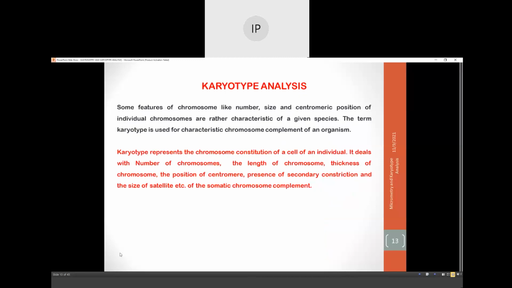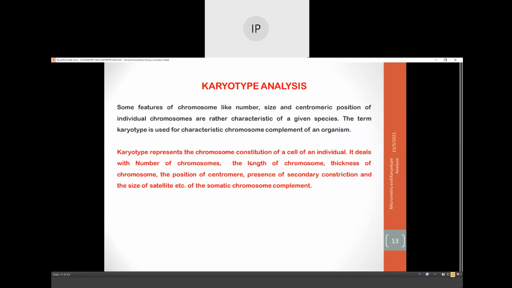Now, what is karyotype analysis? Some features of chromosomes like number, size and centromeric position of individual chromosomes are rather characteristic of a given species. The term karyotype is used for the characteristic chromosome complement of an organism.